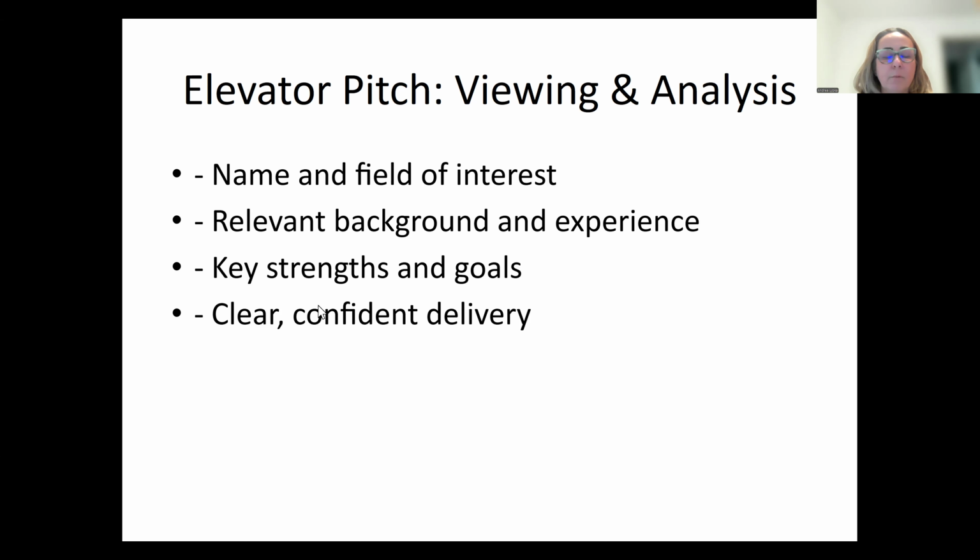Okay. So obviously this elevator pitch is to the point, right? The person introduced themselves, then they talked about their experience and interest, and then they aimed to get a job in financial analysis, right?